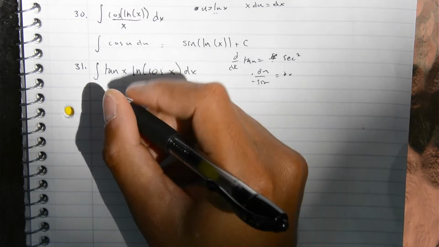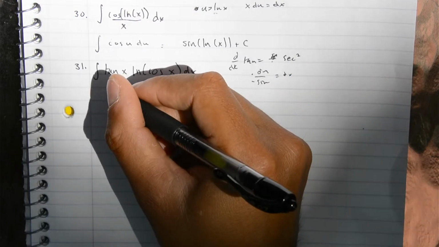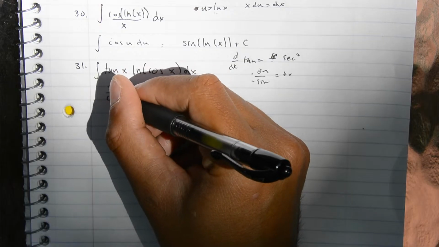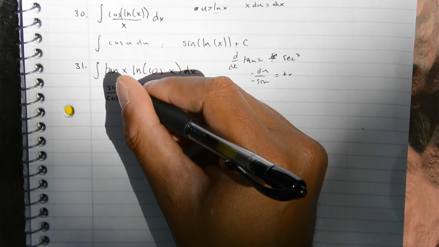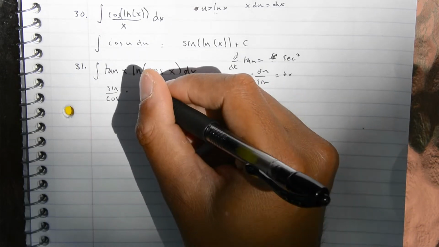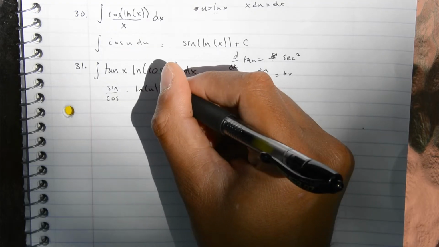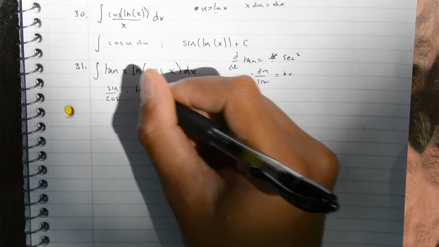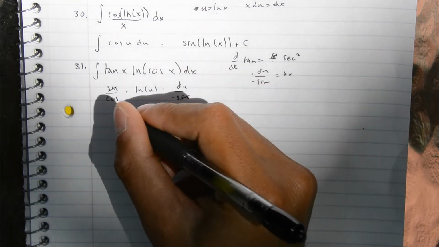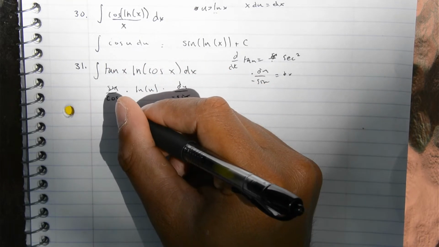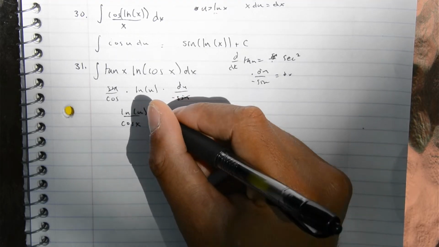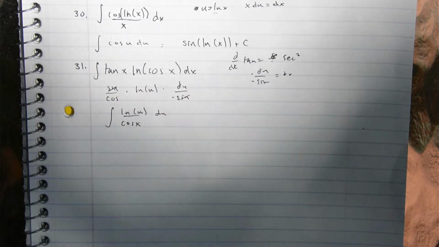Then you get sine over cos times ln u times du over minus sine, and then this cancels like that, and you're left with ln of u over cos x du, which is not that much better at all.